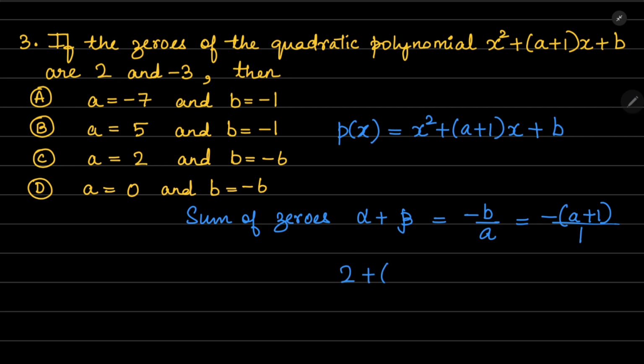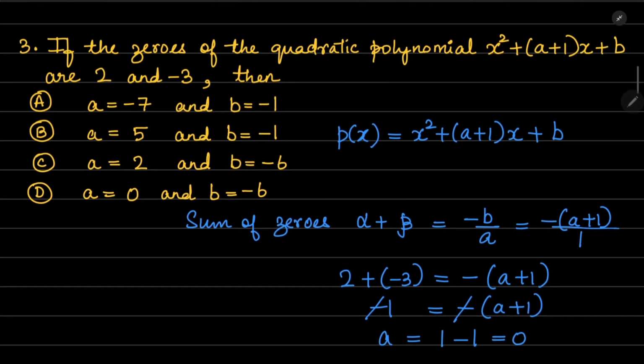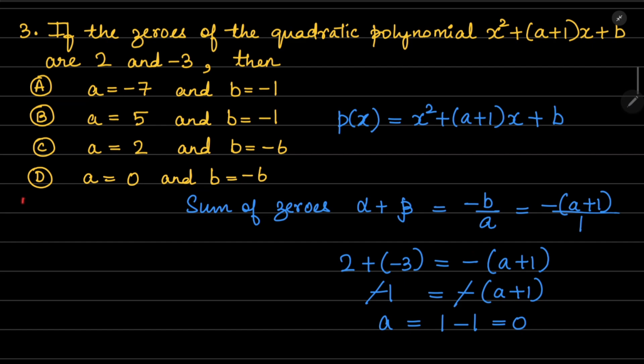So 2 plus of minus 3 should be equal to minus of (a plus 1). What is 2 minus 3? It is minus 1 is equal to minus of (a plus 1), right? So minus and minus get cancelled. a will be equal to 1 minus 1, which is 0. So what is the value of a that we are getting? a is nothing but 0. Okay, now with this itself you would have found the answer is option D.